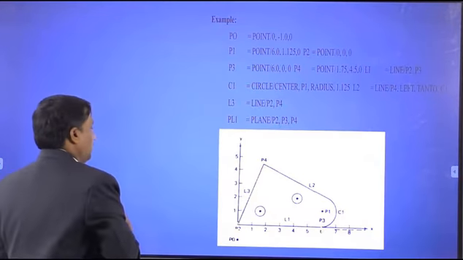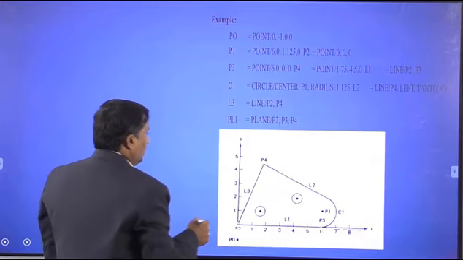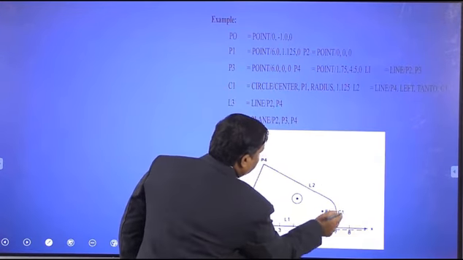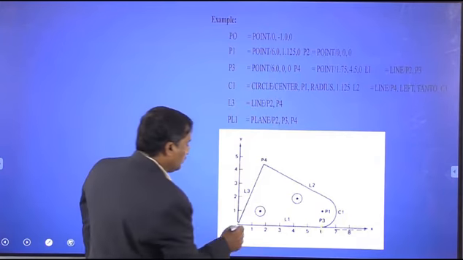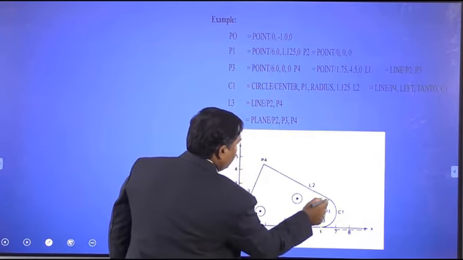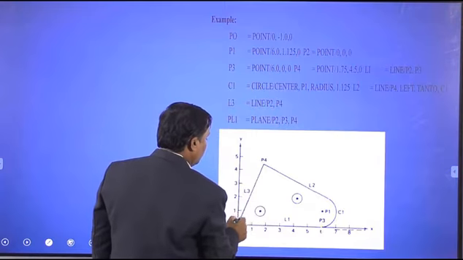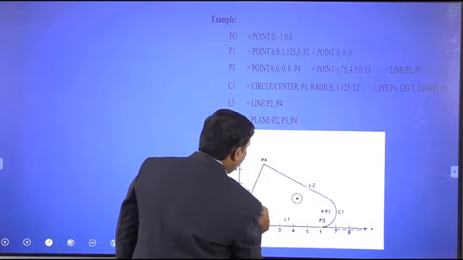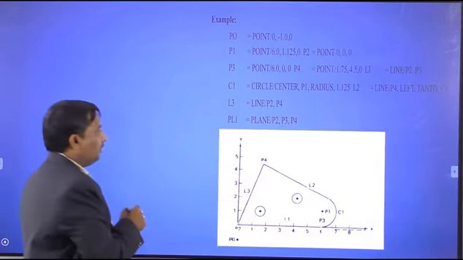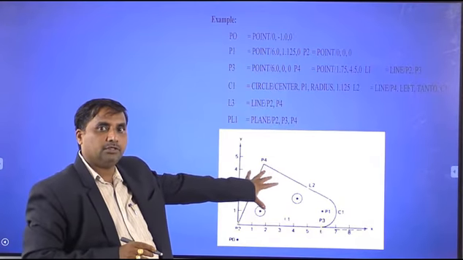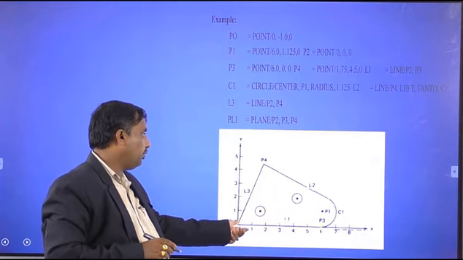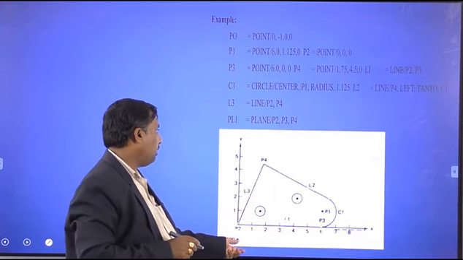After that, I have defined the circular arc C1. And the lines: this is the line L1, this one is the line L2, and this one is the line L3. So this entire part consists of what geometries? One is points, 4 or 5 points.